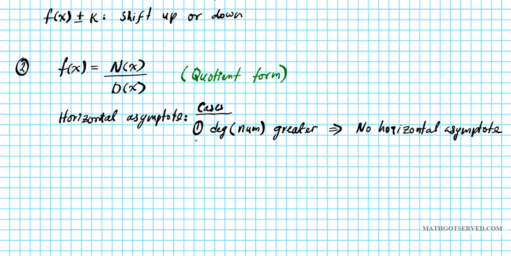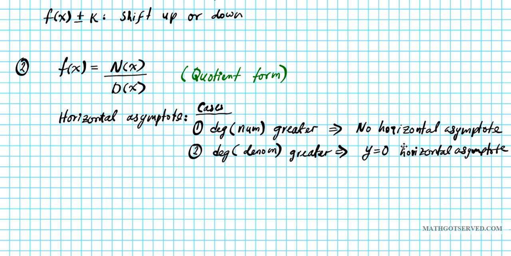The second case is when the degree of the denominator function, or d of x, is greater. If the degree of the denominator function is greater, in this case, you have y equals 0 as your horizontal asymptote, always. Now, the last case is when you have equal degrees.